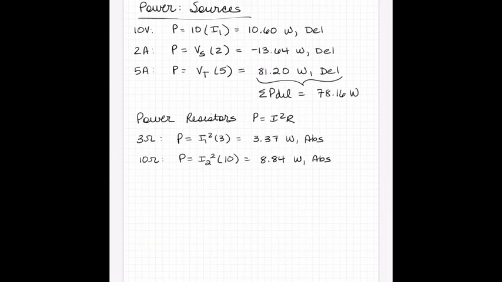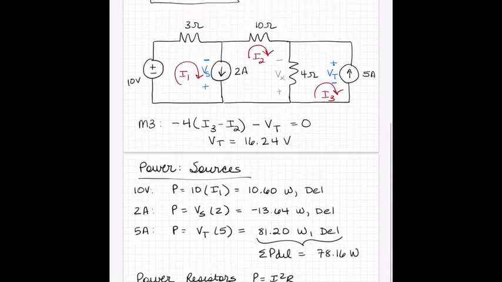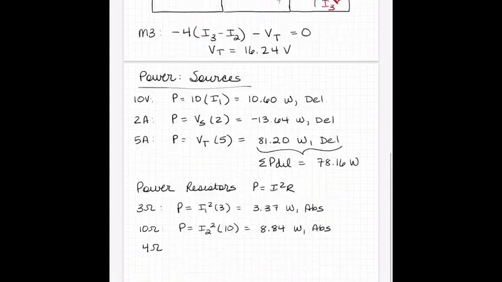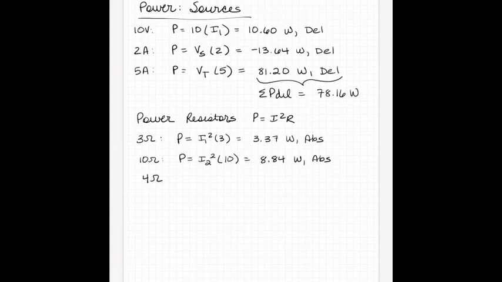So I'm going to label this current here, the 4 ohm resistor. I can use I2 minus I3, okay? Doesn't matter which one I do. I can do I2 minus I3 or I3 minus I2 because I'm going to square it, so it doesn't matter which one I use. Times 4.